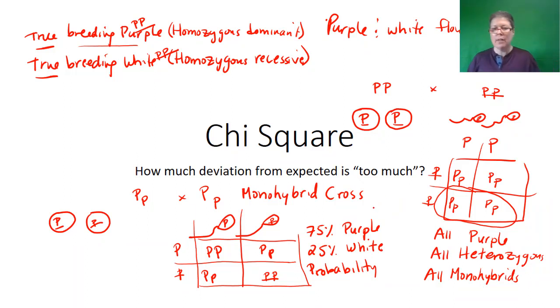This does not mean that if you took 4 corn kernels in your hand, you would expect 3 of them to be purple and 1 of them to be white. It just means for each individual that is produced by the cross between these parents, it has a 75% chance of being purple and a 25% chance of being white. Now this is going to be our phenotype.